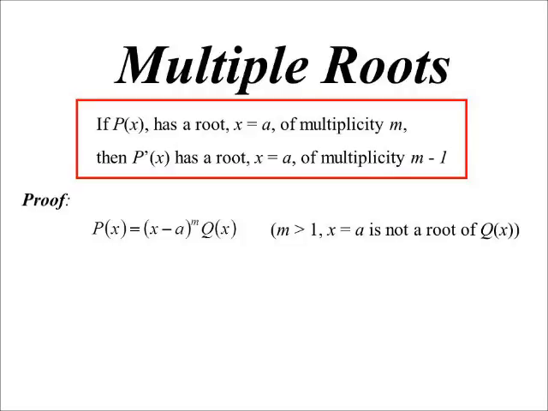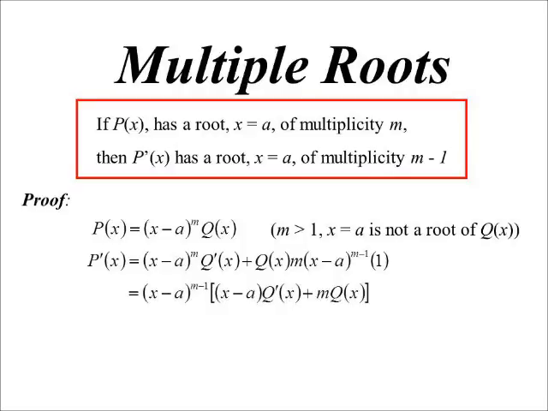So if I differentiate that, write down the first, diff the second, plus write down the second, diff the first. Okay, there's a little bit of factorising that can happen there. There's a common factor, x minus a, and whenever we factorise, we take out the lowest power. So (x minus a) to the power of m minus 1, it factorises, and what we're left with is (x minus a) times whatever the derivative of q(x) is, plus m times q(x).